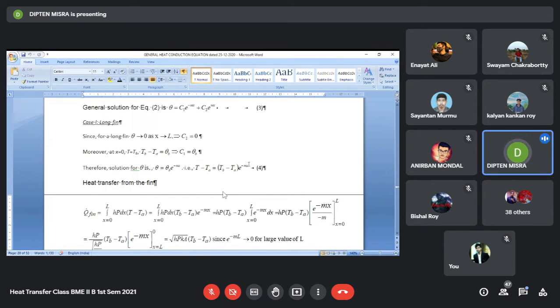So as x increases, e to the power mx will be larger and larger, so this value 1 by e to the power mx will be smaller and smaller. So T will be decreasing progressively from TB to a lower value. So the temperature distribution will be exponentially decreasing as we move away from the base of the fin.